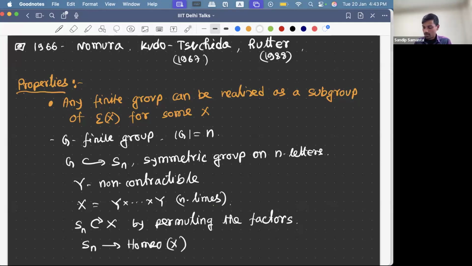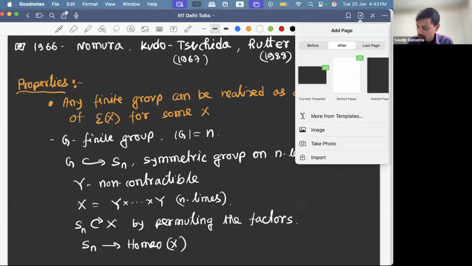Now, if we mod out by the homotopy, it is still giving us an injective map, because we assume our X is non-contractible.